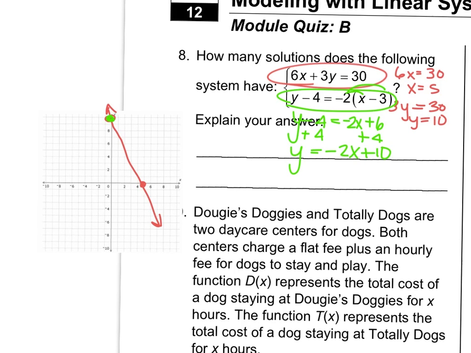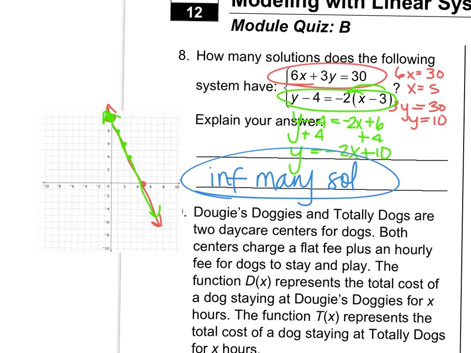So start at 10, and then -2 over 1, -2 over 1, -2 over 1. So you may start to notice this line is directly on top of the other one. So that is going to give us, if you remember, infinitely many solutions. All right, infinitely many solutions.